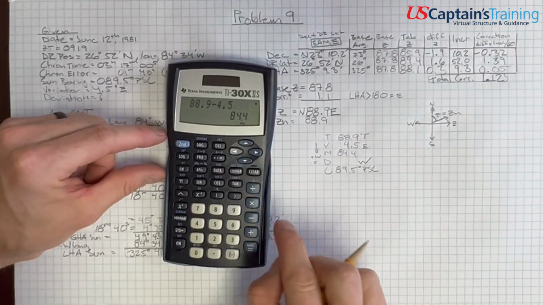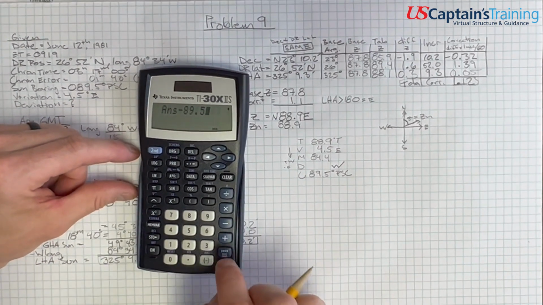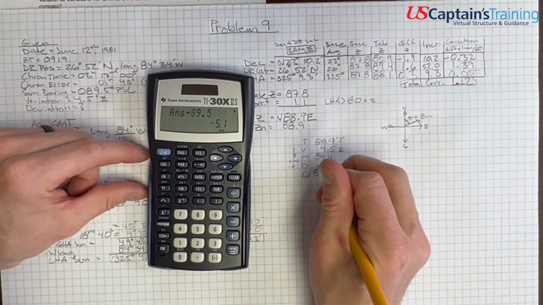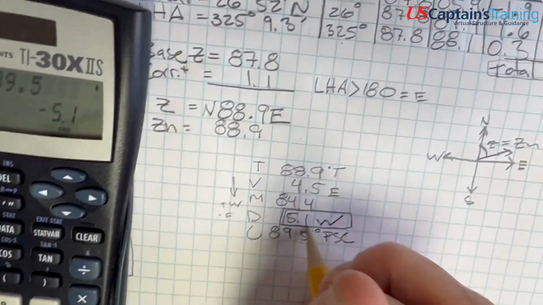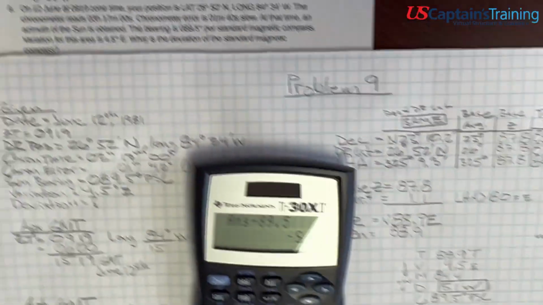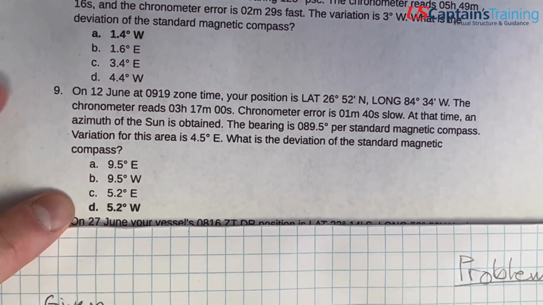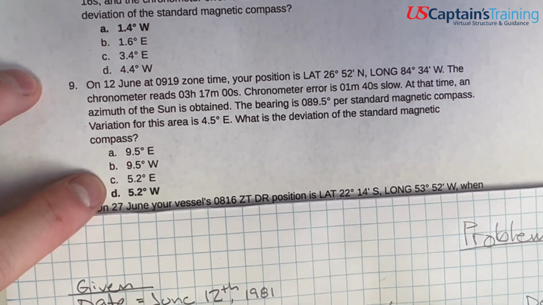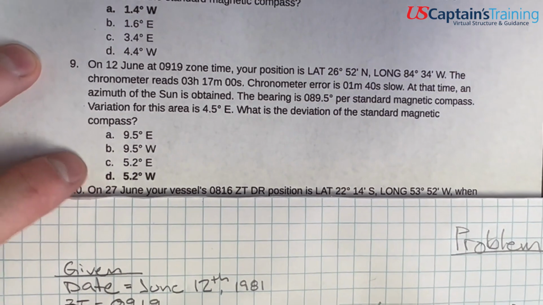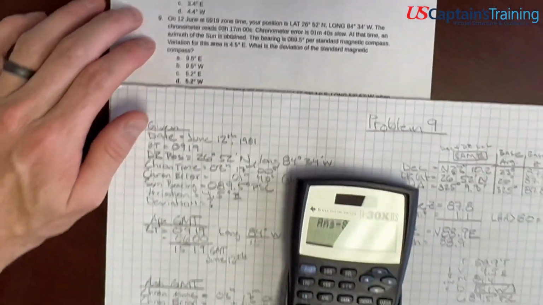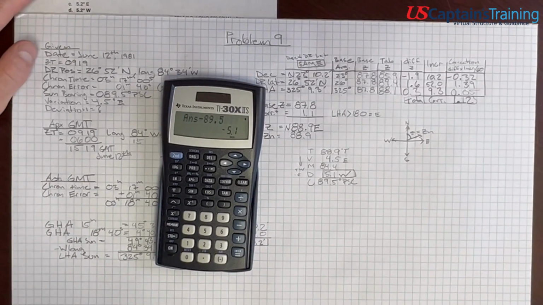So 84.4 minus 89.5 equals 5.1. 5.1 degrees west deviation is what we have calculated. Let's check the problem. Hey, look at that. We get a 5.2. That's really close. Nothing else is close except for this one, but it's east. So 5.2 west is the correct answer for determination of compass error by azimuth of the sun, practice problem 9.